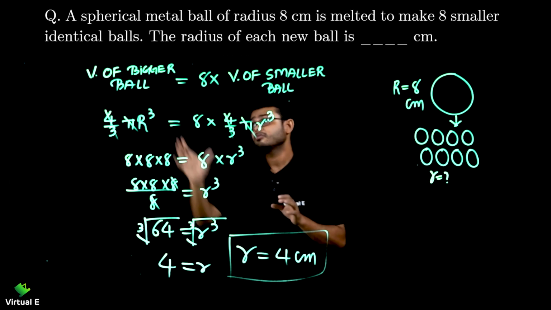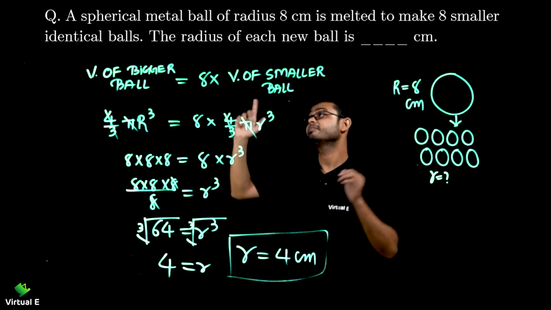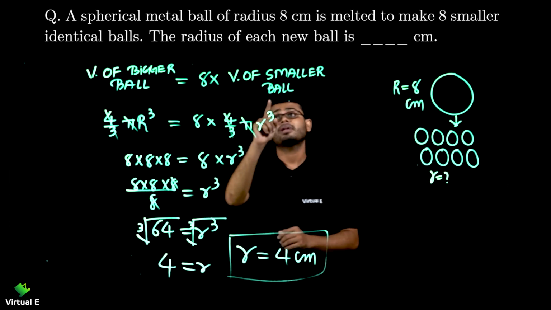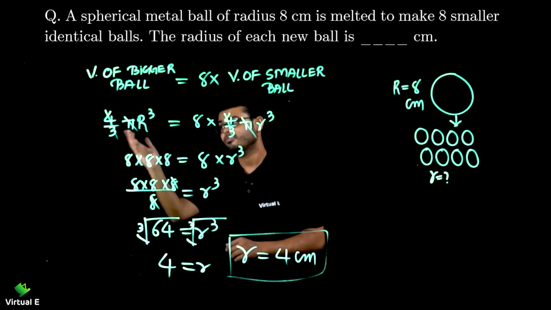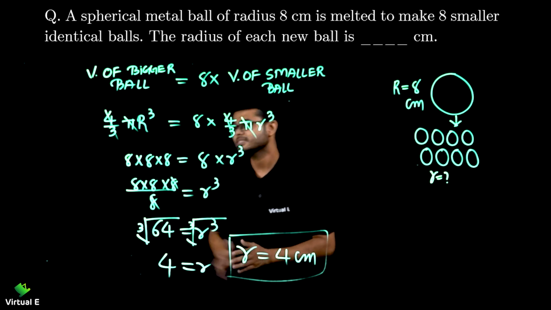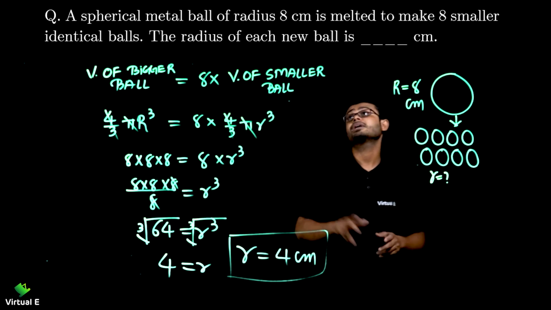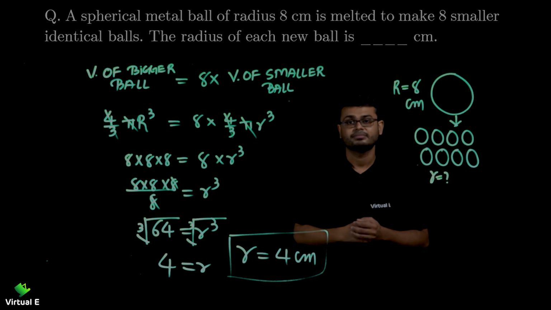So what we have done: volume of bigger ball multiplied by how many balls? 8 balls are given in the question, identical, same in size. 8 multiplied by volume of smaller ball. So you simplify this, 4 by 3 cancel, pi cancel, substitute the value and get the value of r. So we will be able to make a new ball with radius 4 centimeter.